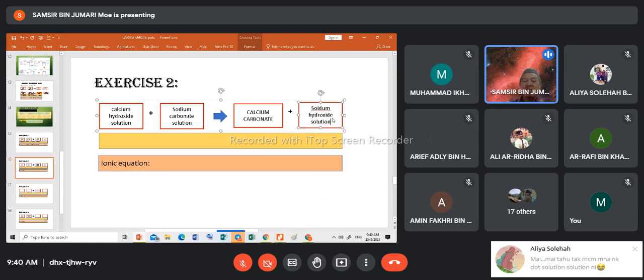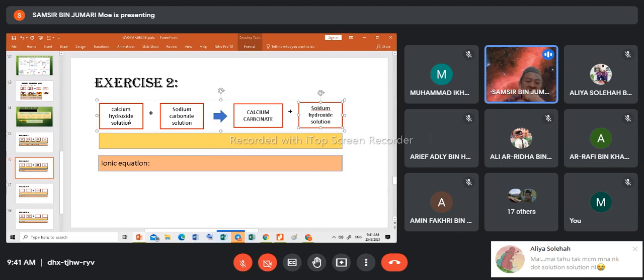Okay, tapi lebih elok kita jangan guna calcium hydroxide walaupun dia larut, sebab calcium hydroxide ni ada kadang-kadang, any alkali can absorb the carbon dioxide from our atmosphere.